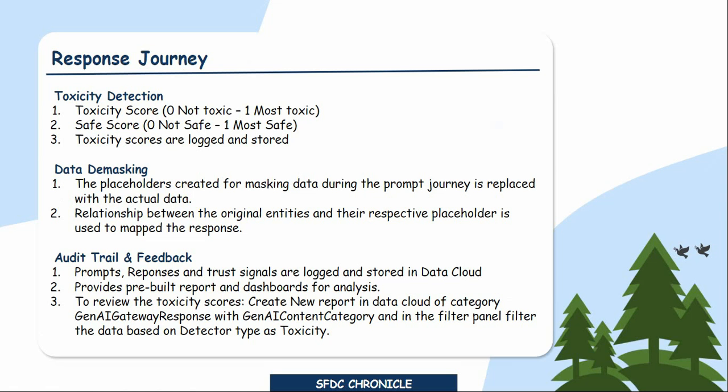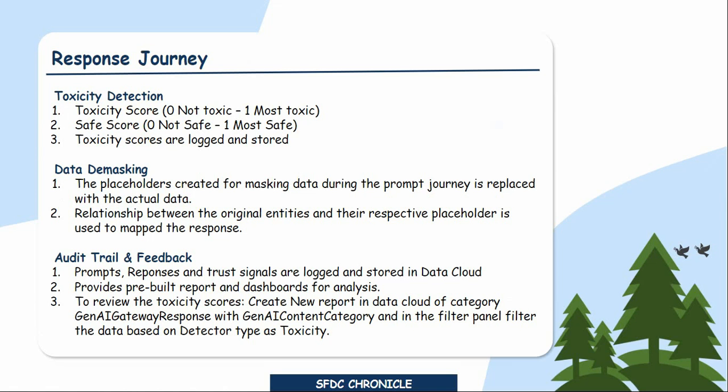Also, these toxicity scores are logged and stored in the audit trail that can be accessed from Data Cloud in Salesforce. Once this toxicity score and toxicity detection is completed, then comes demasking.